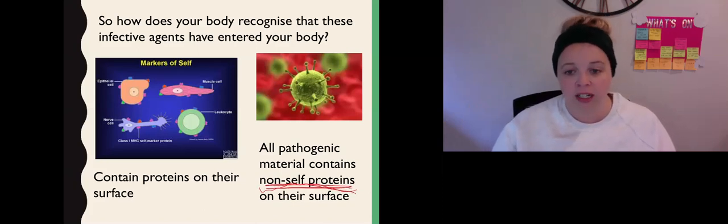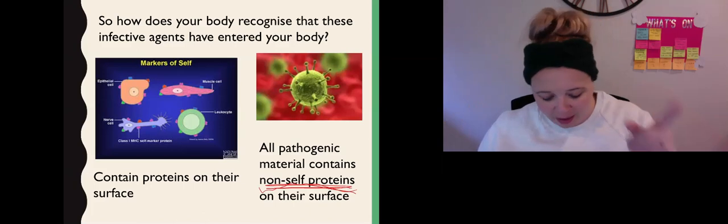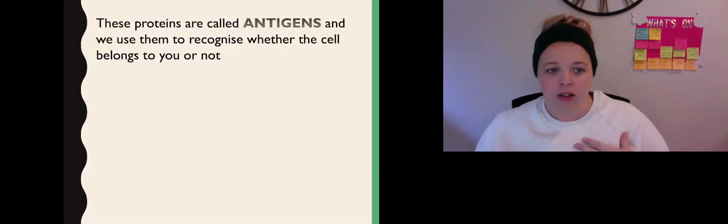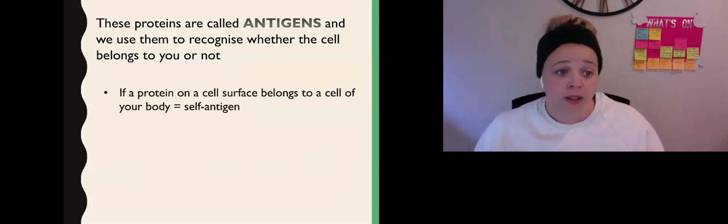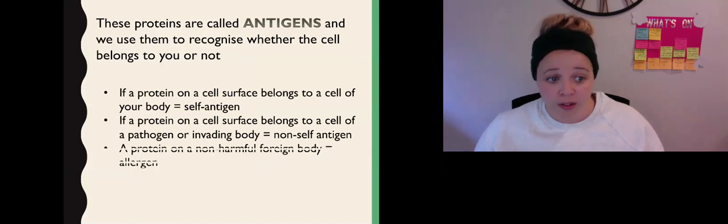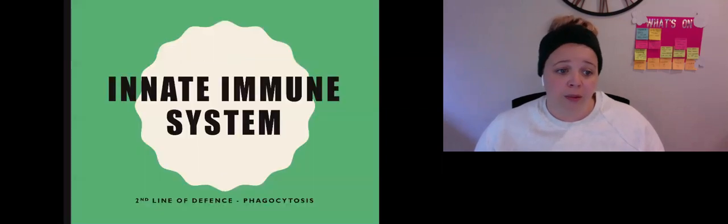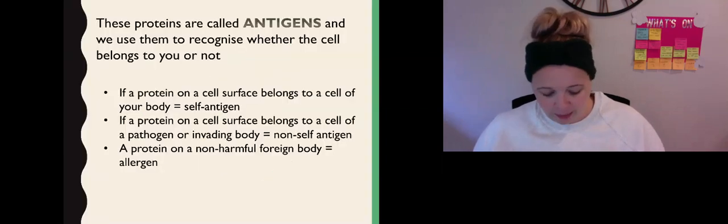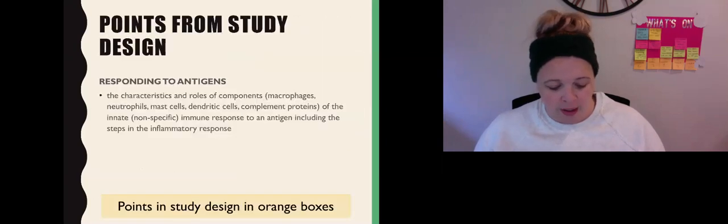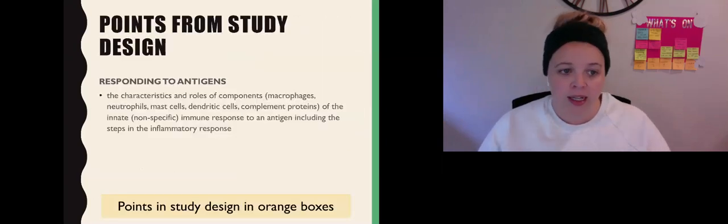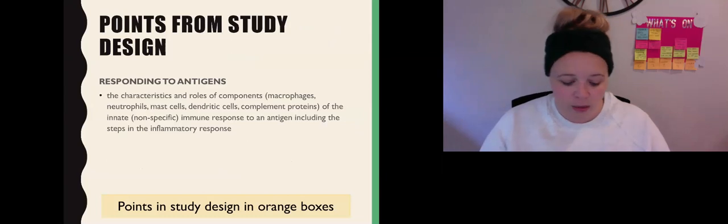Once we've identified those, we go bang, bang, that's a pathogen. So our immune system recognizes these antigens as non-self antigens, and we're not going to go over allergens there, but what can happen is it's going to start eliciting an immune response.